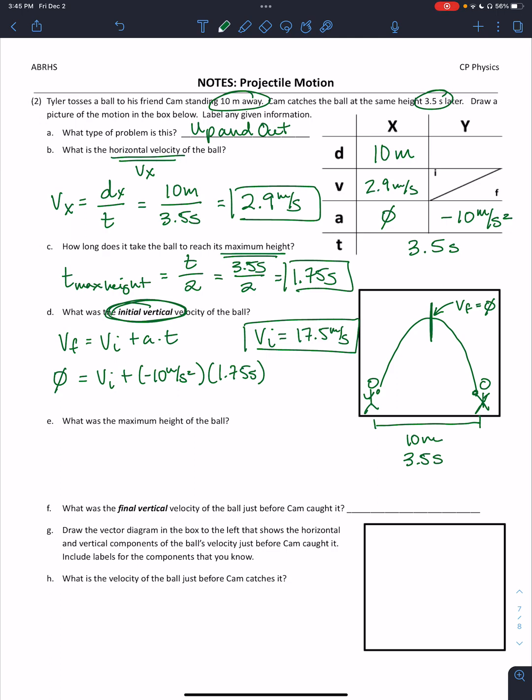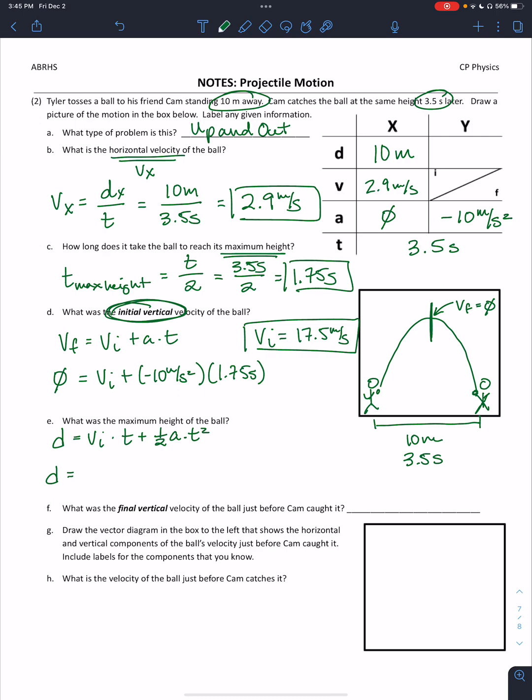Now it wants to know, what was the maximum height of the ball? I know V initial, I know the time it's going to take to reach maximum height, and I have acceleration. With that information and my distance formula, I can solve. There are a couple different ways to do this. You could solve for V average and use that formula, or you could just use your distance formula. I'm going to use the distance formula because I know that's the one most of my students like to use.